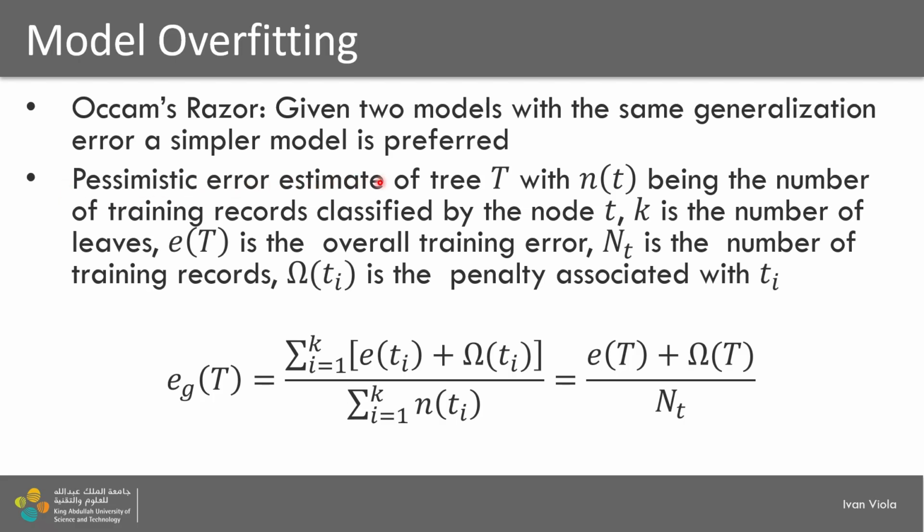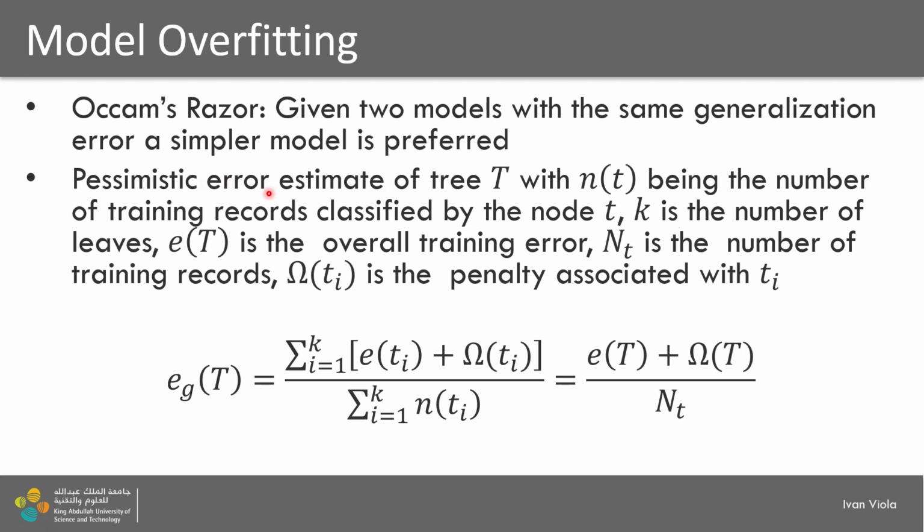We had the optimistic error estimate, which says that the training error is an estimate for model performance, and the pessimistic error estimate adds a penalty, somehow penalizing the model complexity.